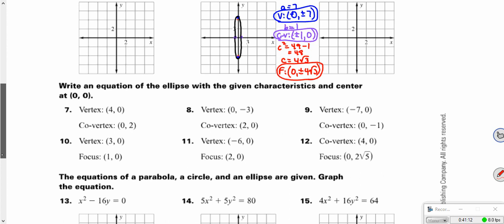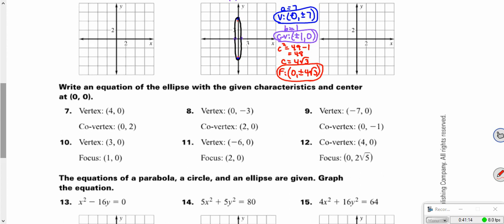Next part, write an equation of the ellipse with the given characteristics and center. So if your vertex here is 4, 0, this is your A, right? So your A squared is 16. Your vertex is on the x-axis, so your x is major. And then your co-vertex is 0, 2.